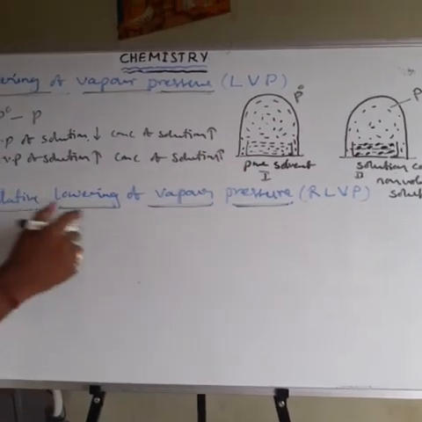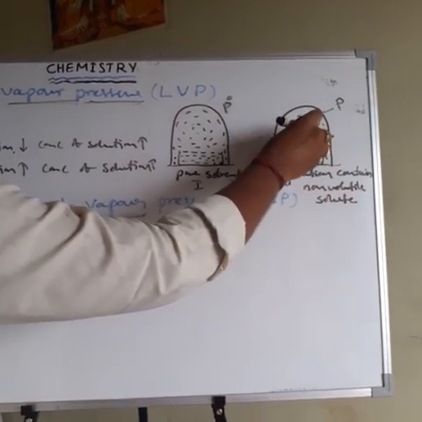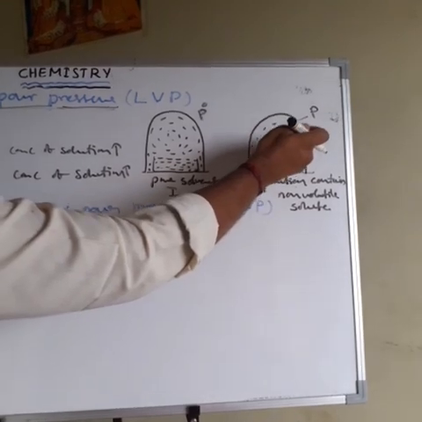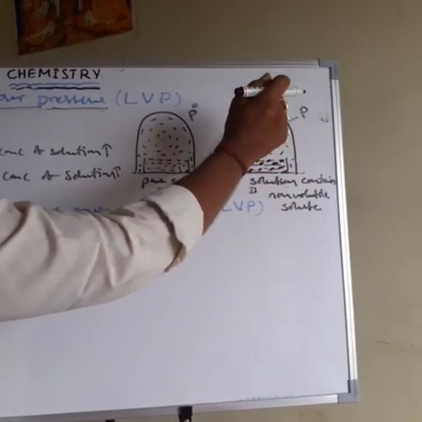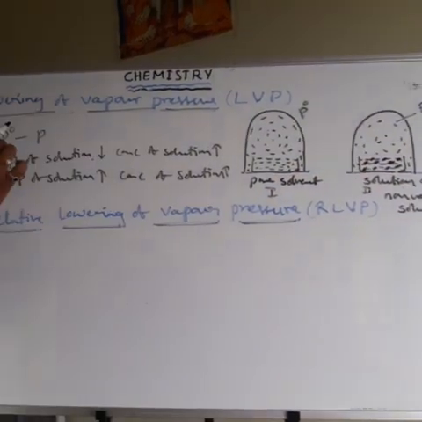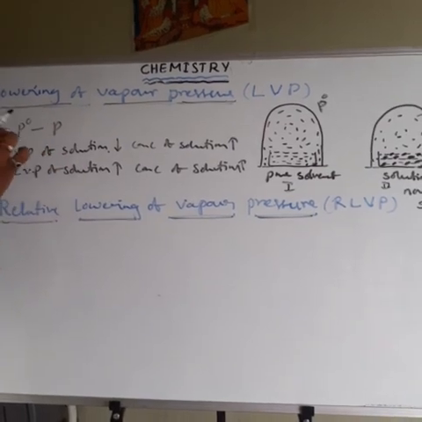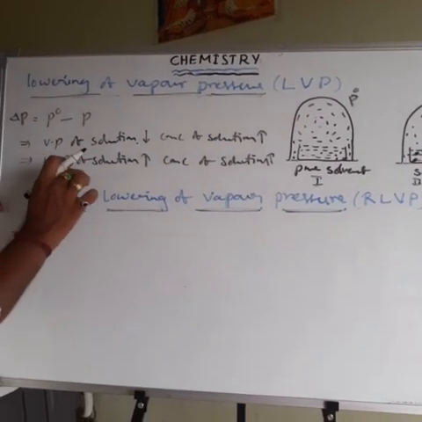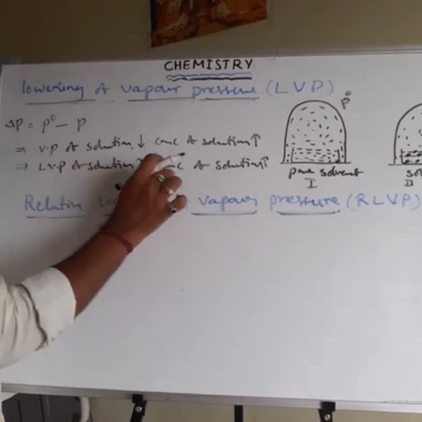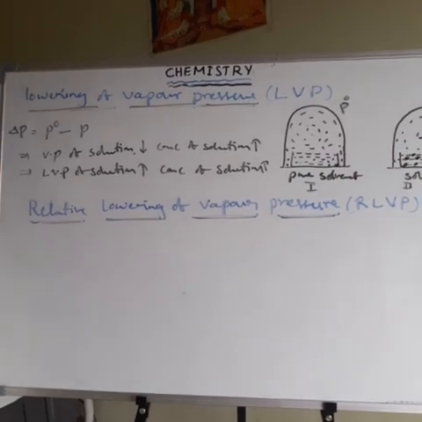Just now I told you, increasing concentration means we are adding more solute particles. Whenever the concentration of the solution increases, the vapor pressure of the solution decreases a lot. Then the difference between the vapor pressure of the solvent and the solution containing non-volatile solute increases a lot. That's why the lowering of vapor pressure of the solution increases when the concentration is increased. So that is lowering of vapor pressure.